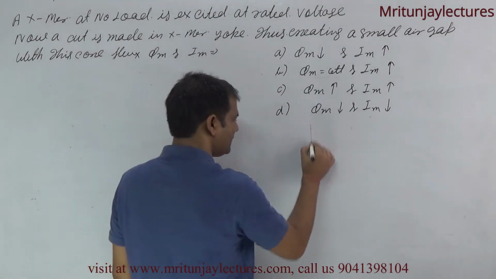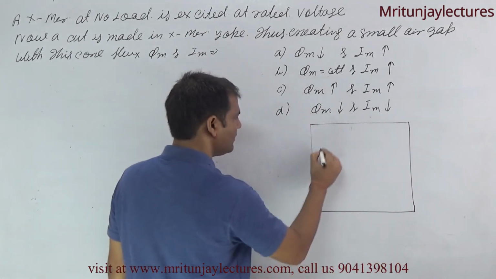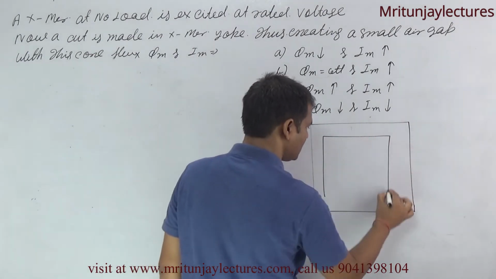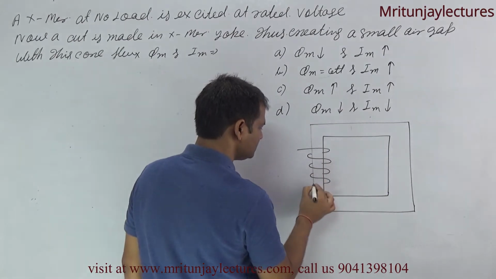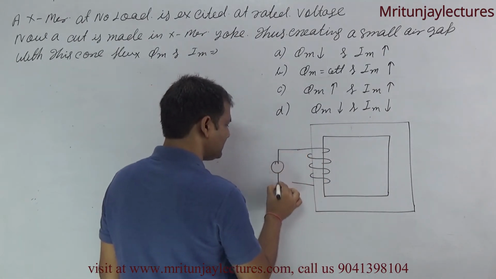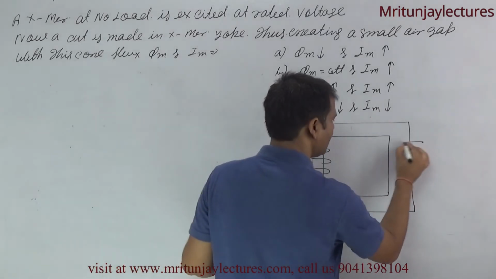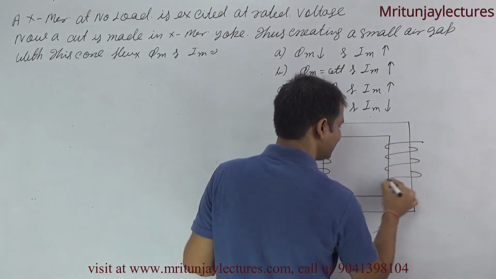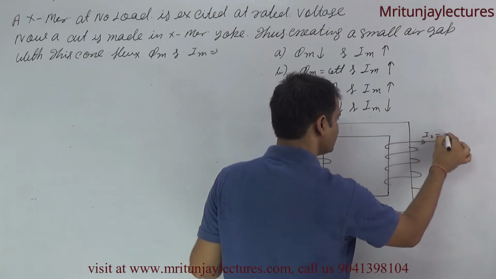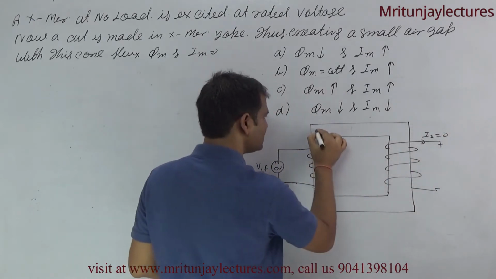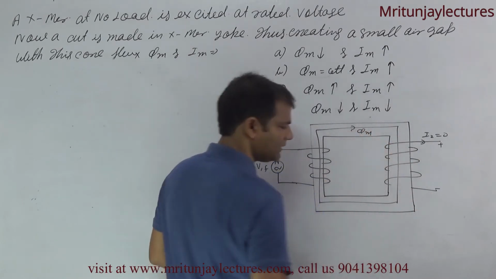First of all, make the transformer at no load, excited at rated voltage V and frequency F. At no load, that is I2 equal to 0, there is magnetizing flux phi m. Clear?